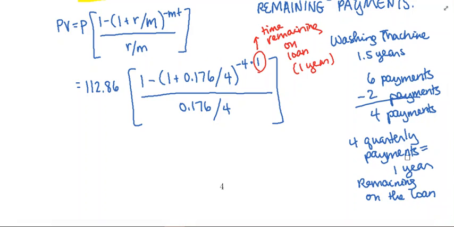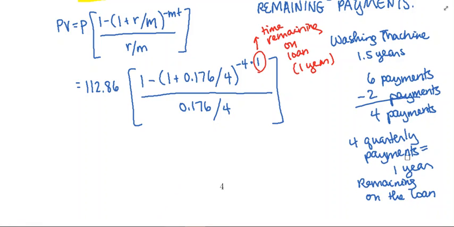All we have to do is put this into the calculator, and we should get that same figure, $405.84. When we put this in, we're going to start inside the brackets in the numerator, and then we will come back, divide by the denominator, and then multiply everything by our payment P. So let's go to the calculator.